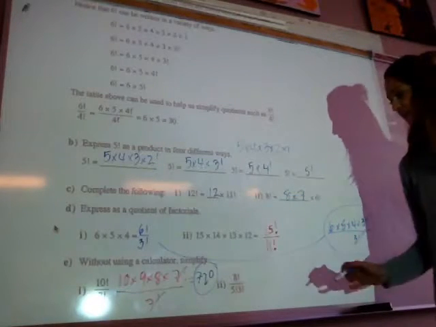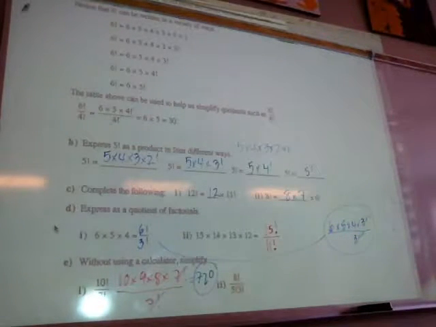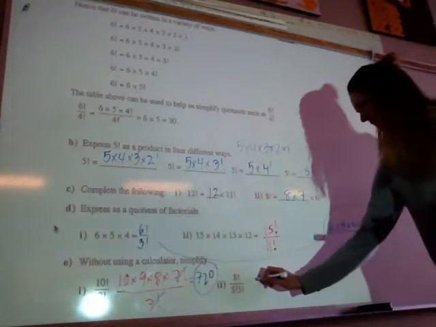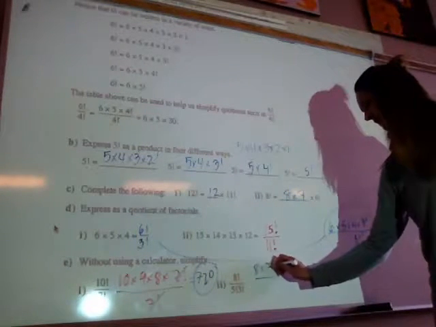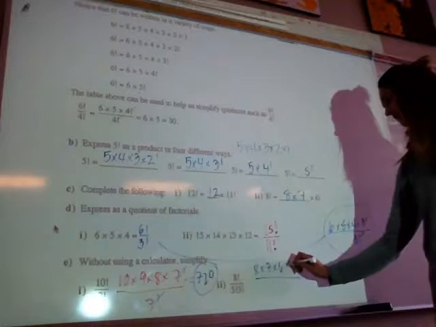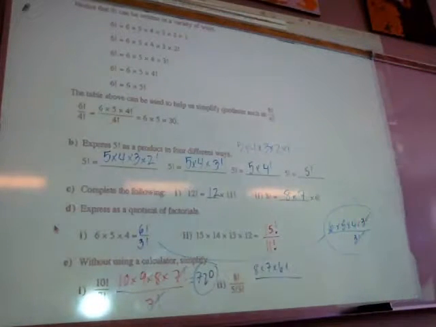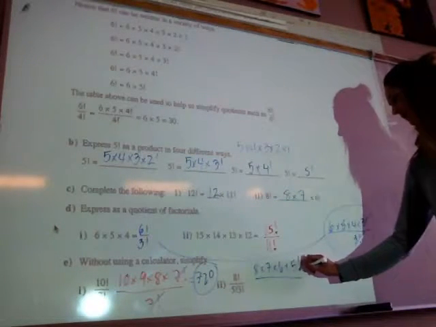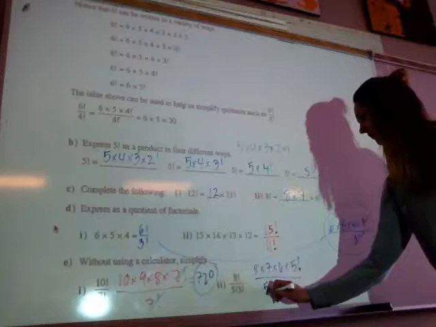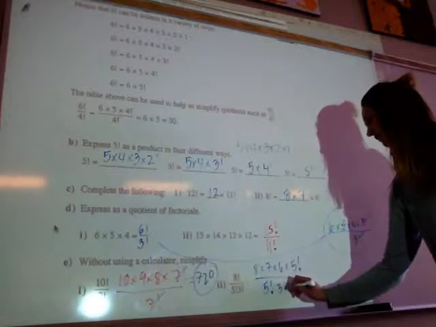Okay, next one. 8 factorial divided by 5 factorial times 3 factorial. We have 8 times 7 times 6. Do we want to cancel out the 5s or the 3s? What's going to be easier to calculate? Let's cancel out the 5s. So we're going to multiply by 5 factorial divided by 5 factorial times 3 factorial.